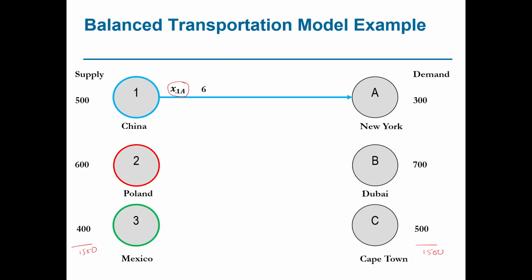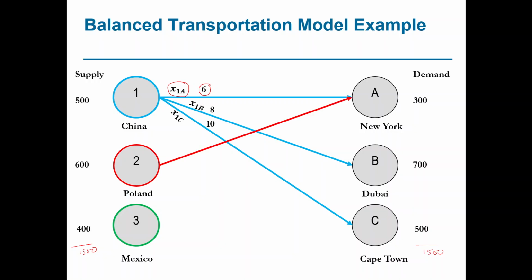That is the quantity being shipped from node 1 to node A, from China to New York, and the cost per unit transportation is 6 USD. In a similar way, we can draw an arrow from China to Dubai showing the quantity, represented as X1B, and the cost will be as shown in the table, 8 USD. And then from China to Cape Town we have X1C and 10 USD.